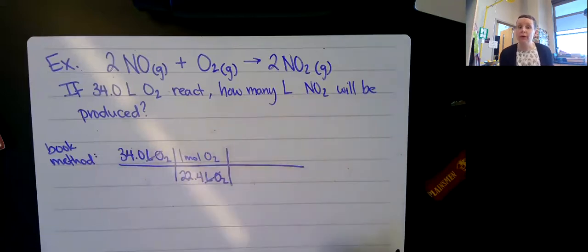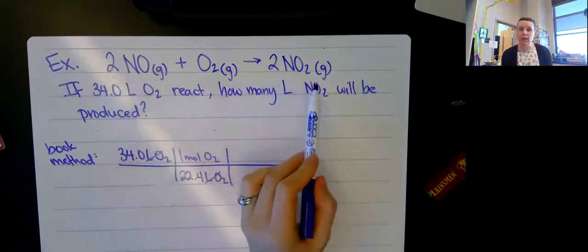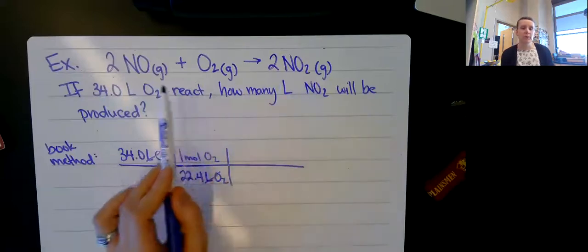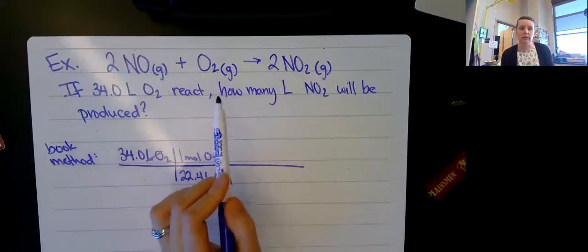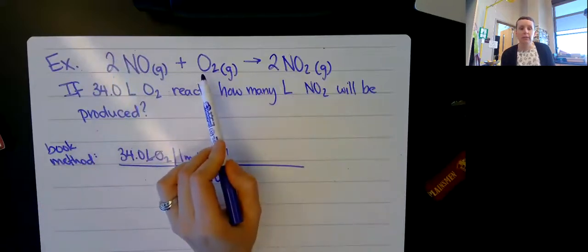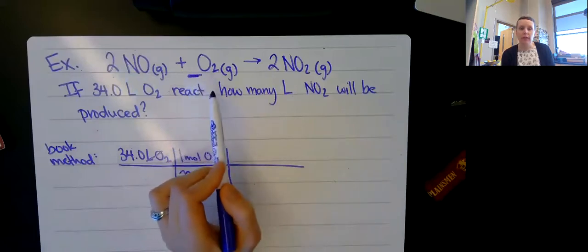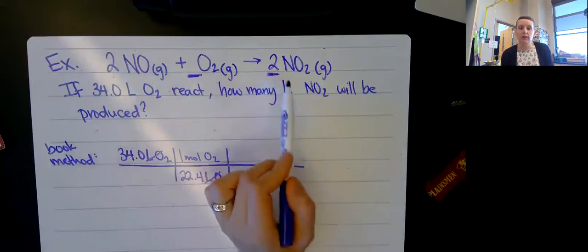Next, you use the mole ratio. So this is the book. Get to moles, use the mole ratio. Remember, we look at our balanced chemical equation for our mole ratio. This problem is dealing with oxygen and NO2. So I don't really care about NO. It's there because it's part of the reaction, but we're not dealing with it. But in this problem, 1 mole of oxygen, since there's no number here, it's implied to be a 1, will react to form 2 moles of NO2.